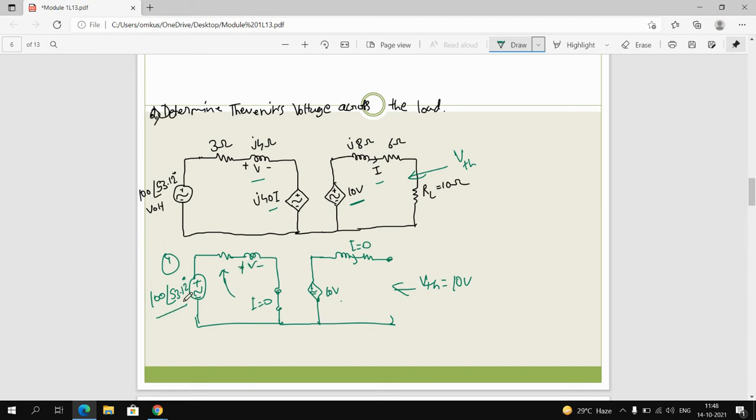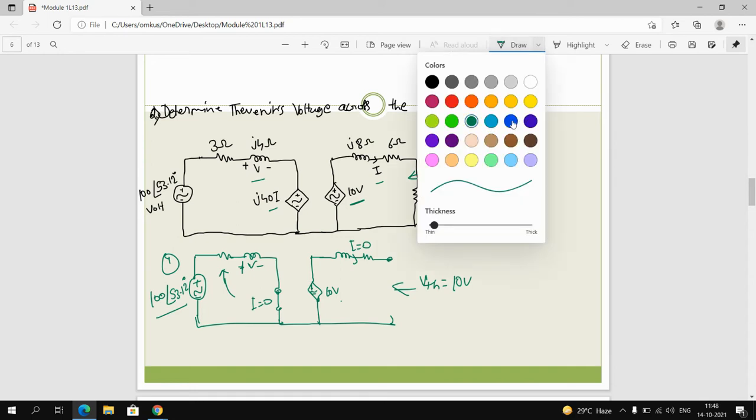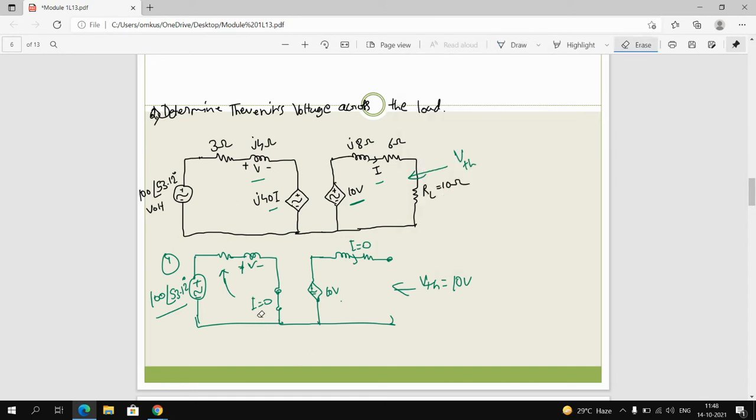Or sorry, here you need to use the voltage division rule, because this resistance and this inductor are both connected in series. So you need to apply the voltage division rule for finding this voltage.